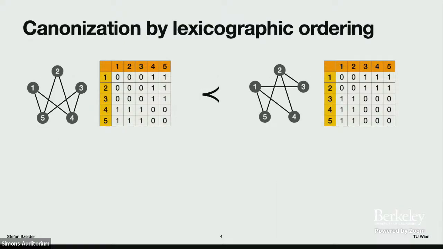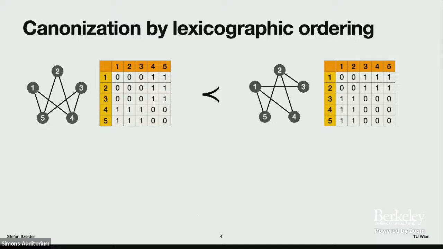There are many ways of canonization, and a popular and very natural one is to look at the adjacency matrix of the graph. So you have vertices times vertices, a 0 if the edge is missing, a 1 if the edge is there. Then you associate with this adjacency matrix a long string where you just concatenate all its rows.